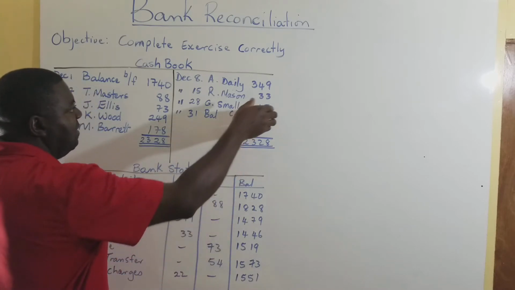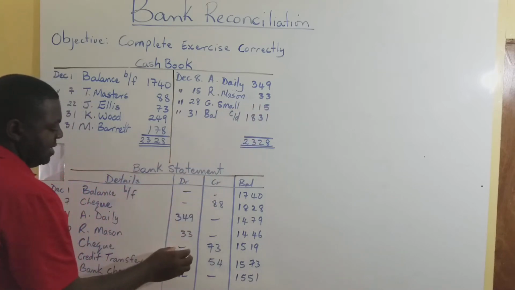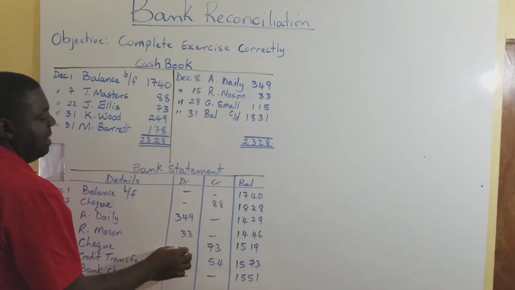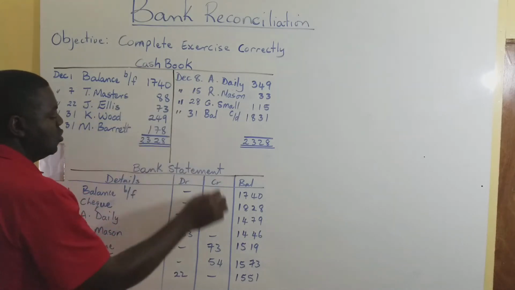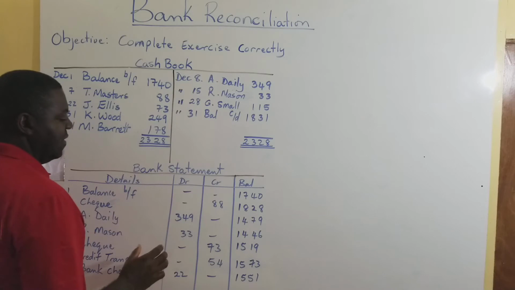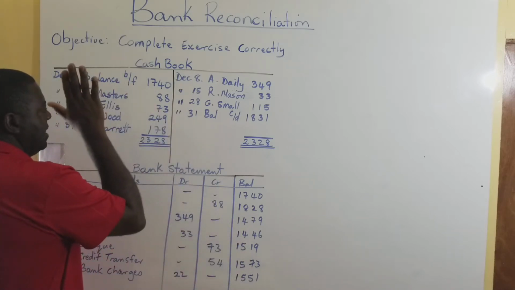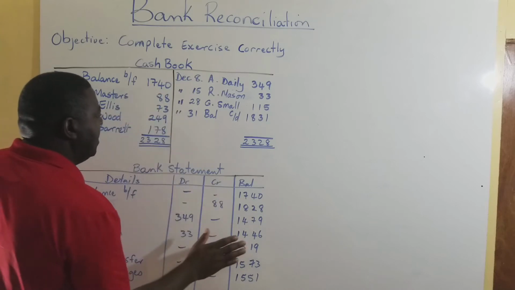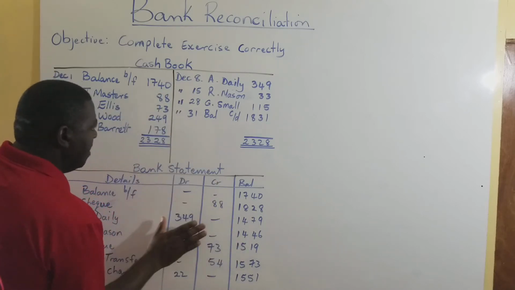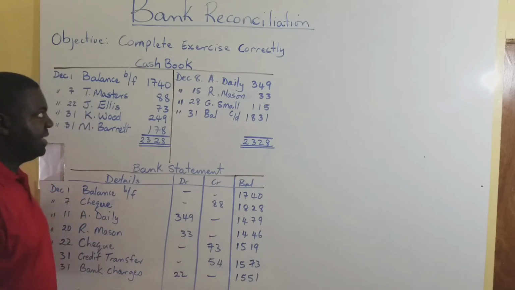If we're checking the credit side of the cash book, we're going to check the debit column of the bank statement. So from debit to credit, from credit to debit. We do the inverse, right? Diagonal. All right. Now, this is an exercise.